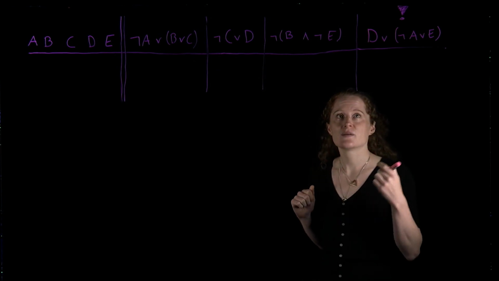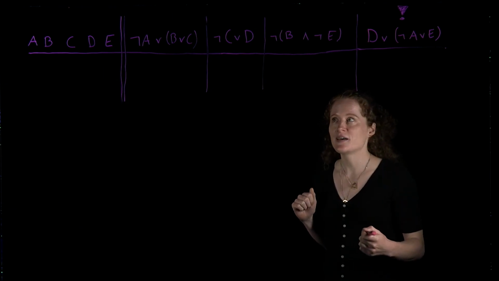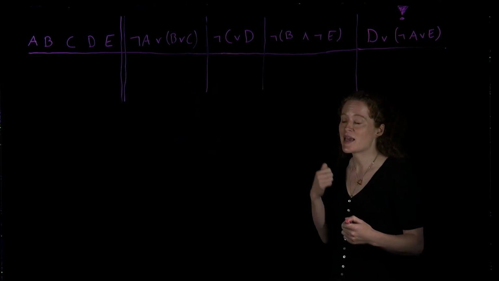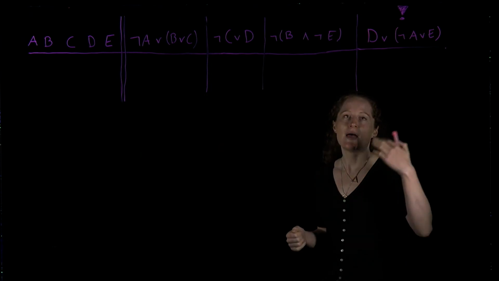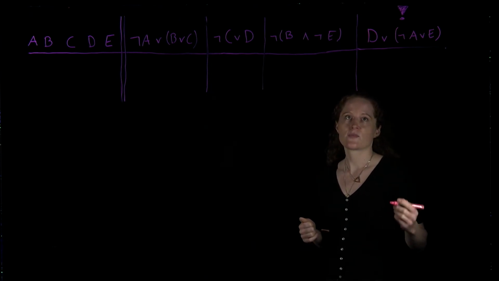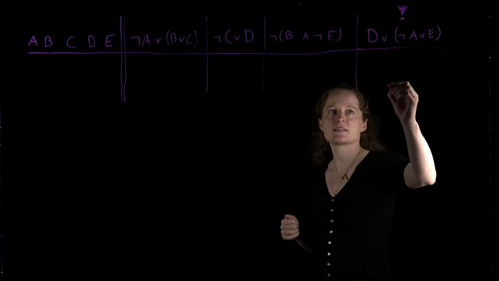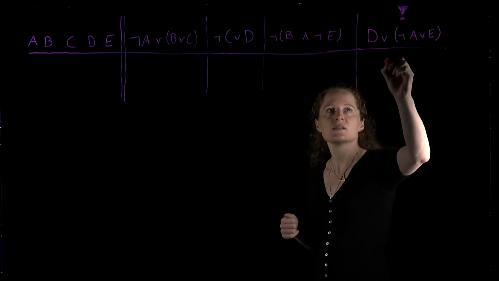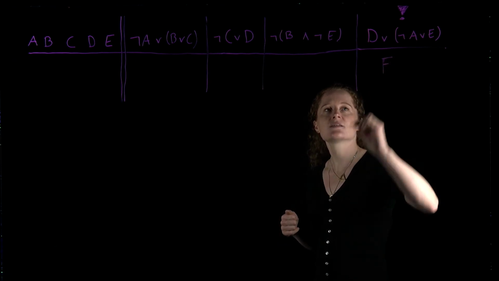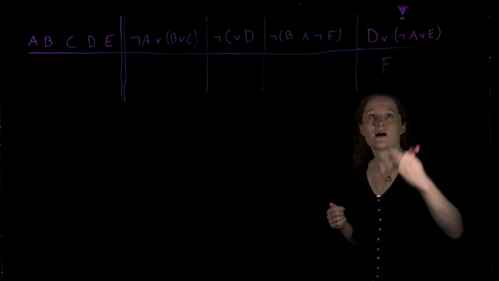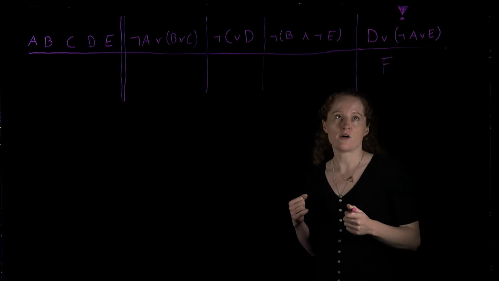So if this argument is not tautologically valid, that means that there must be a valuation that makes the 3 premises true and that makes the conclusion false. So let's suppose there is such a valuation. So if there is such a valuation, that means that this valuation would render our big disjunction in the end here false.